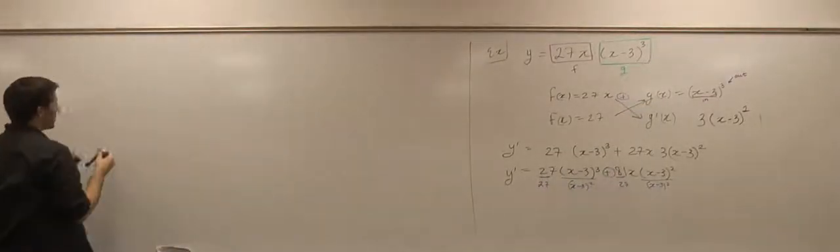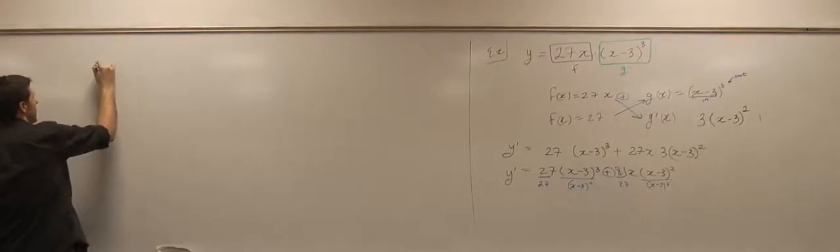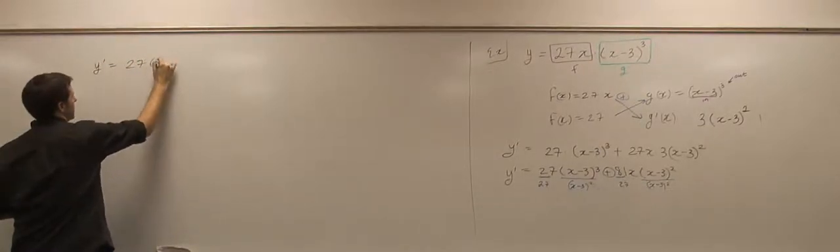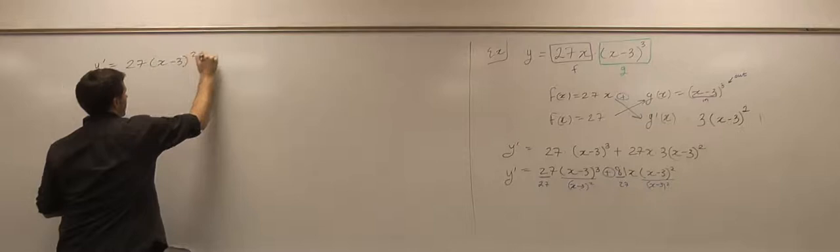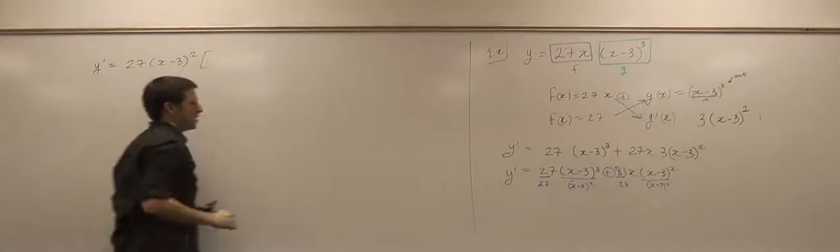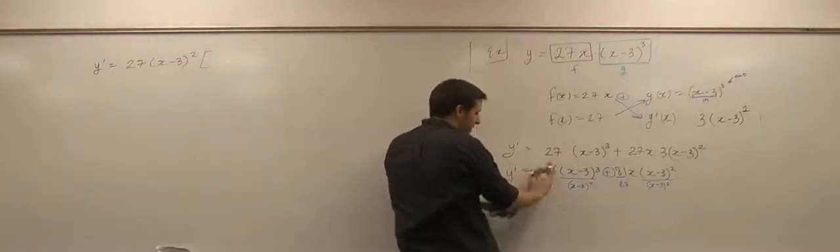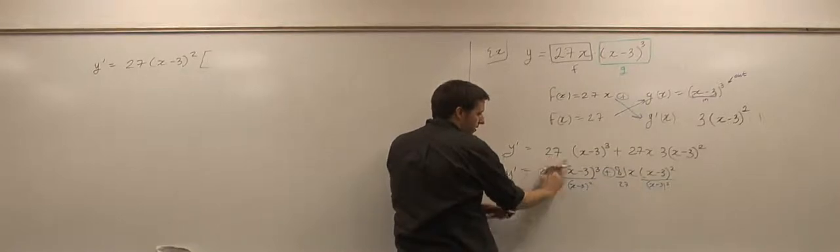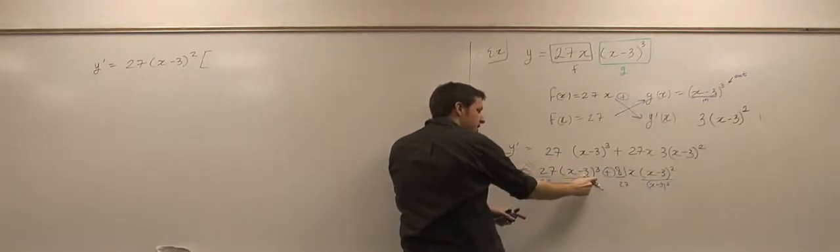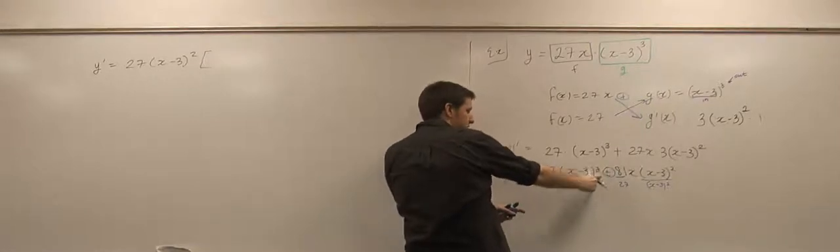I take my 27 times x minus 3 squared out front, and then I write my leftover. So if I take 27 out, the whole 27 is gone. x minus 3. And if I take x minus 3 squared out, I just have x minus 3 to the first left. Right? You're going to subtract from the exponent.